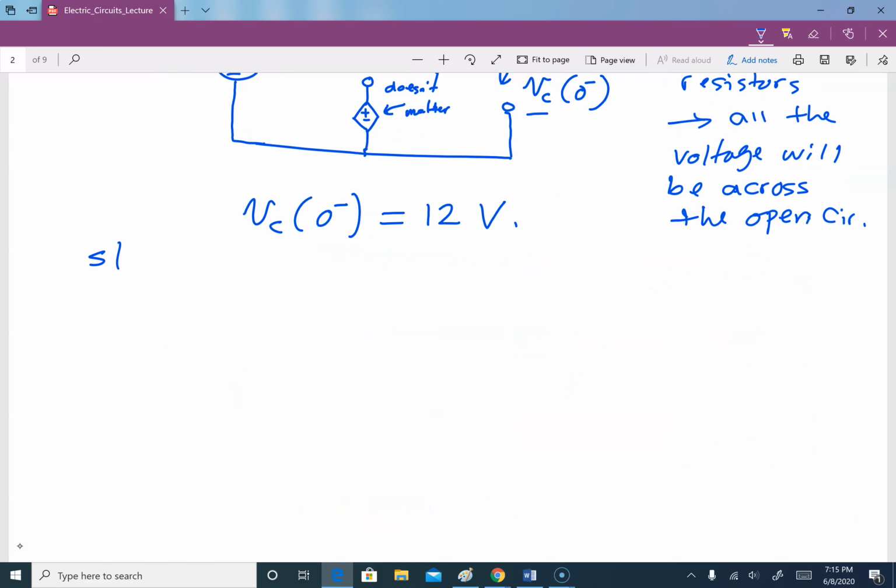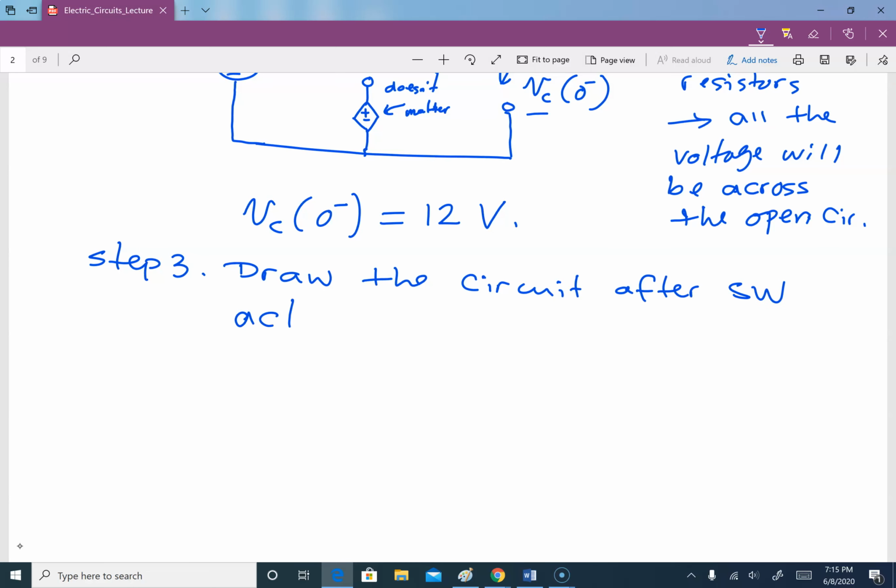Step 3. Draw the circuit after switch action.